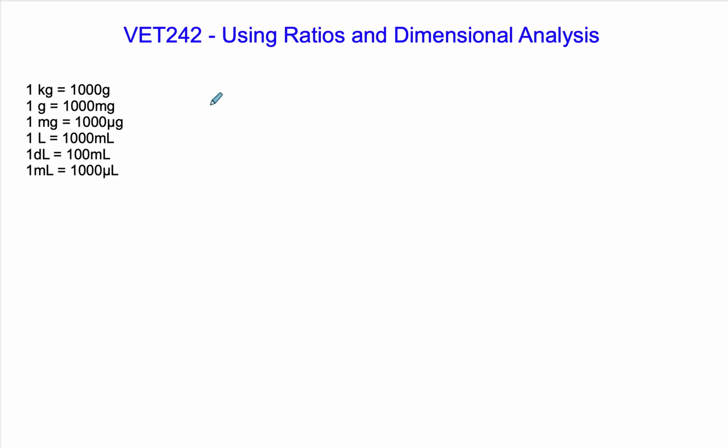Let's say we have 245 milligrams, and we are told that we need to convert that into grams. So again, the way that we do this with the decimal place, if we're converting milligrams to grams, we're going from a smaller unit to a larger unit. And when we go from smaller to larger, we move the decimal place to the left.